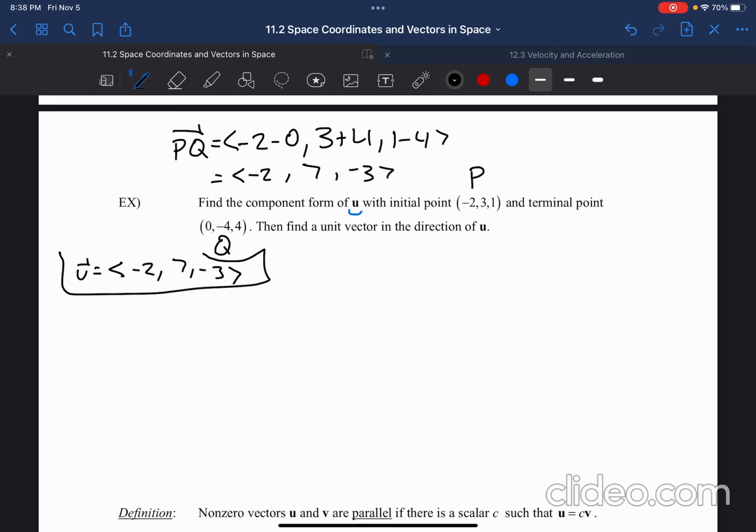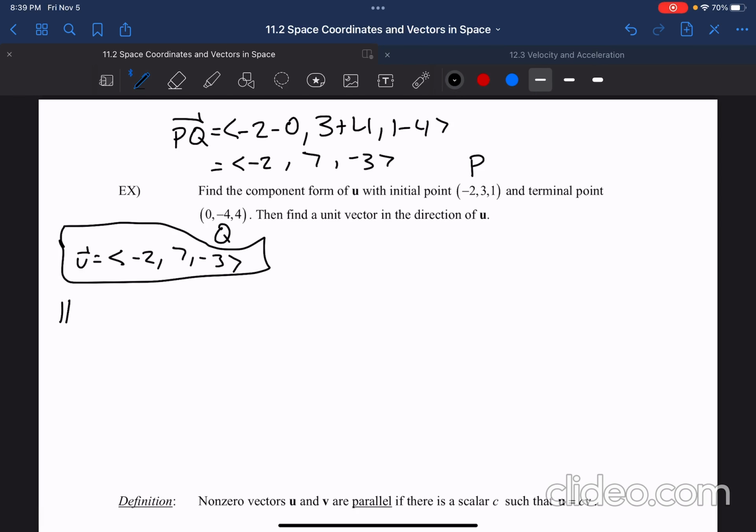This answers one of our questions, which was find the component form of u. Keep in mind, component form means these triangle brackets.